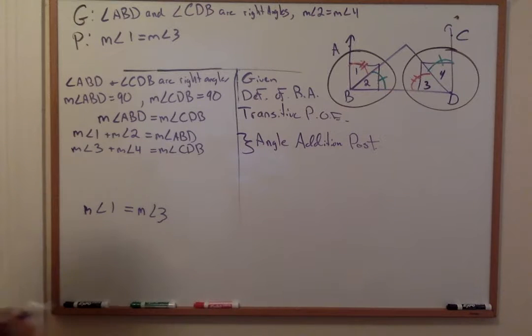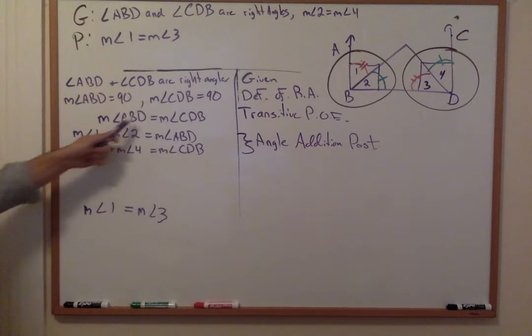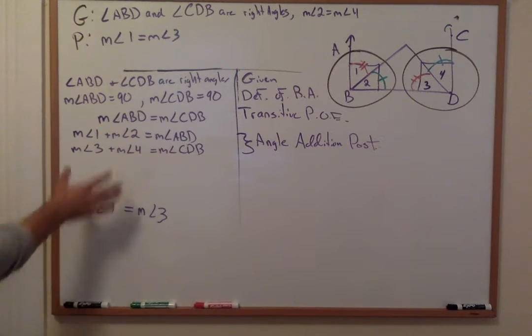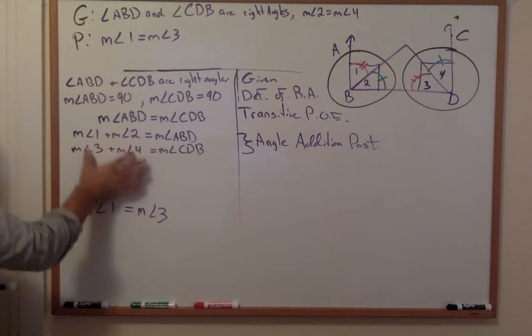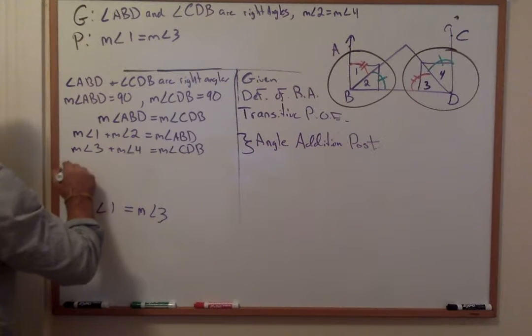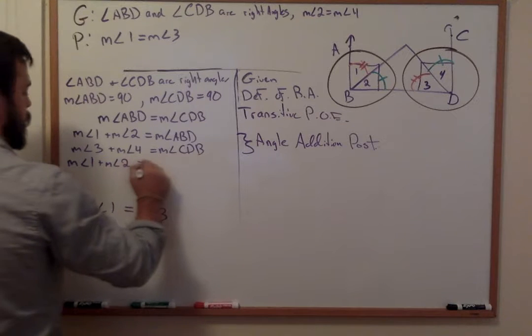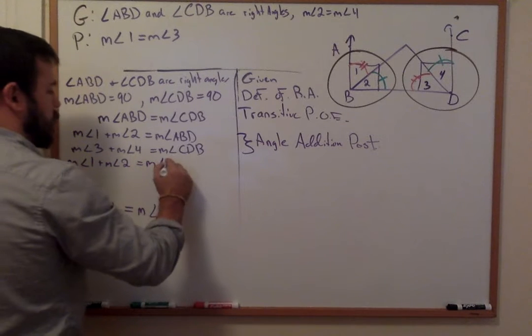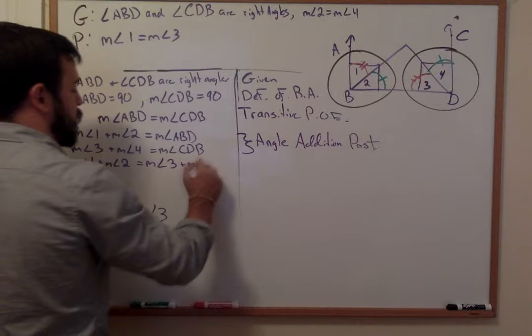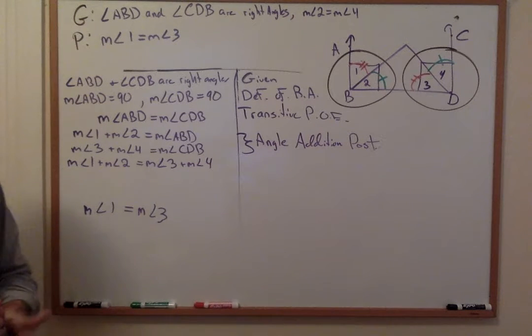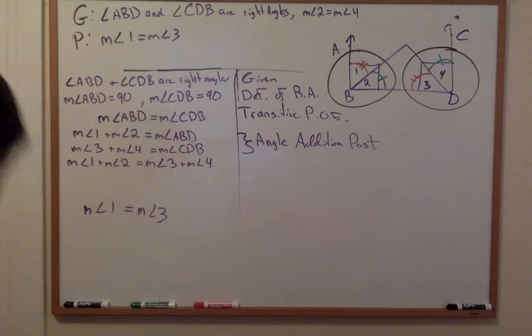Okay. Now, since I showed that the whole things are equal, then their parts must be equal. And that's going to be the transitive property, okay?